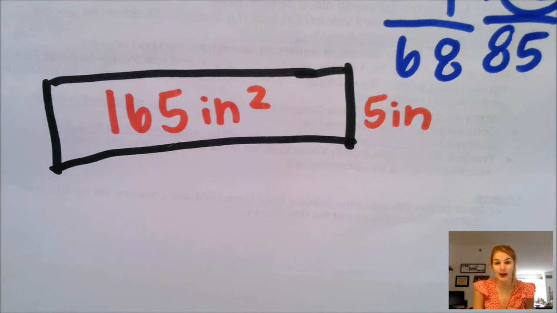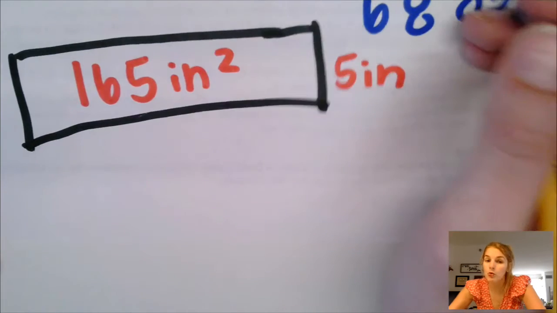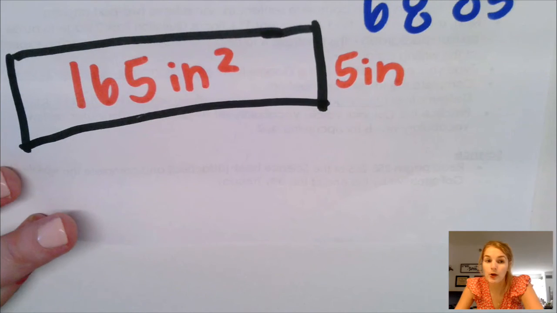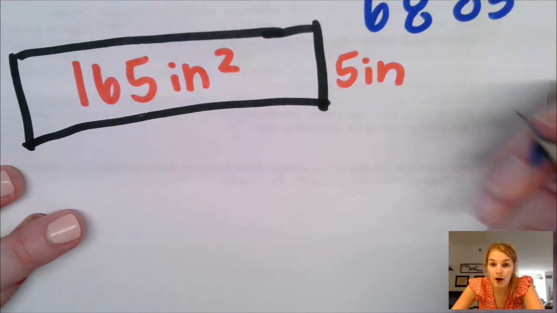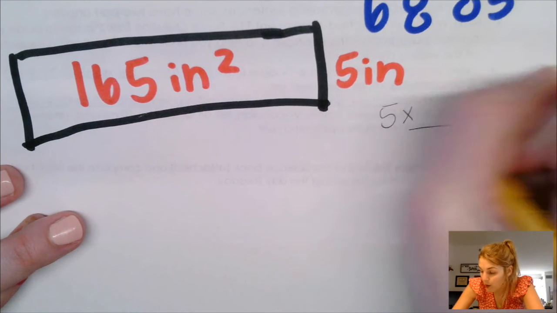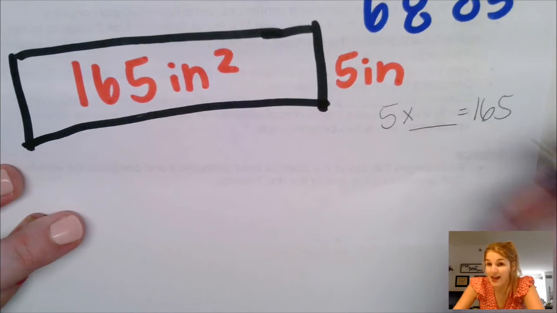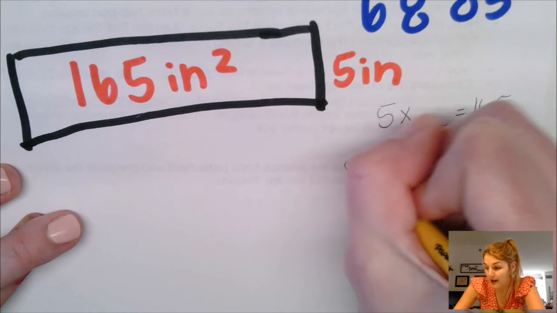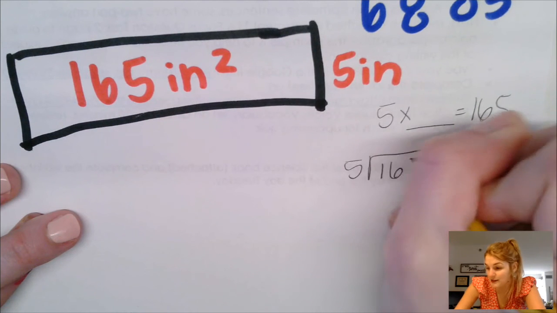So 5 times what gets you 165? Well, I'm not sure of that either. So I'm going to come over here, and I am going to set up our problem and do some division. 5 times what equals 165? I don't know. So 165 divided by 5 is what?